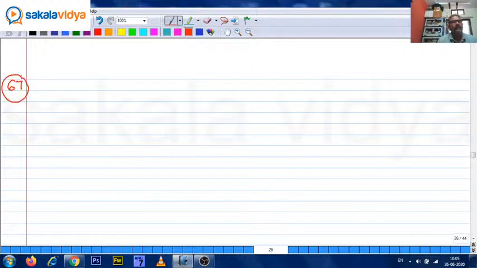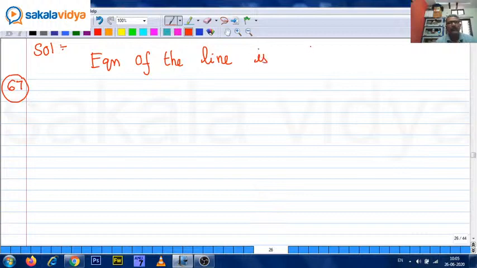Question 67 solution. First, write down the equation of the given line. The equation of the line is x plus 2y plus 3 equals 0. Say equation 1.